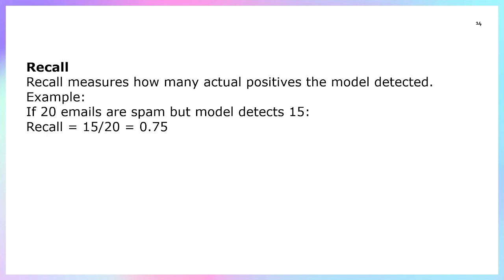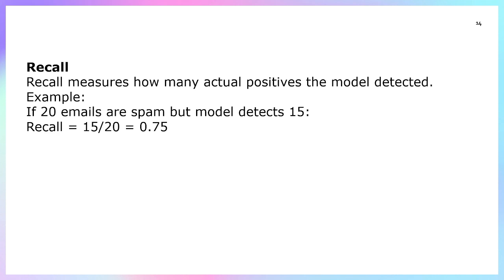Let's come to an example as well. Recall means how many actual positives the model detected. Out of 20 emails that are spam, the actual detection is 15, right? So 15 divided by the total. Now the formula: true positive is 15, divided by true positive, which is 15, plus false negative.